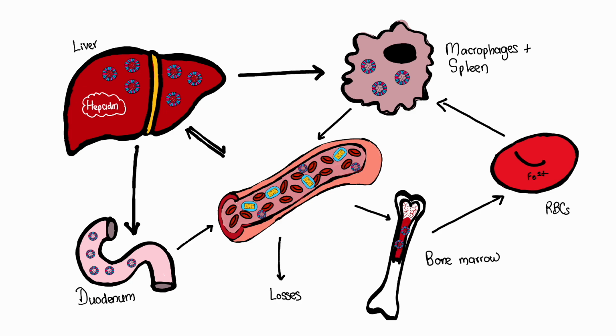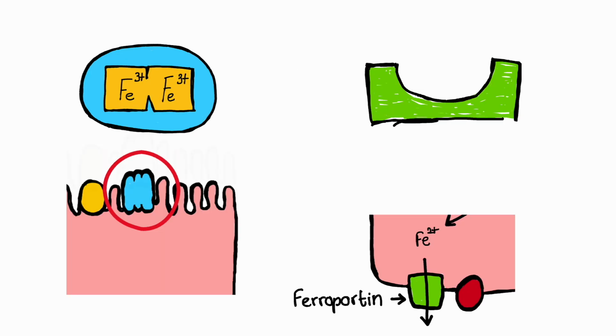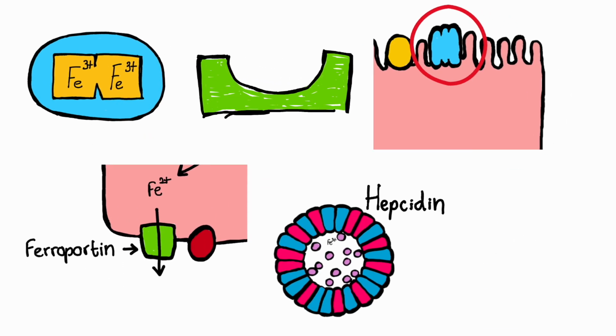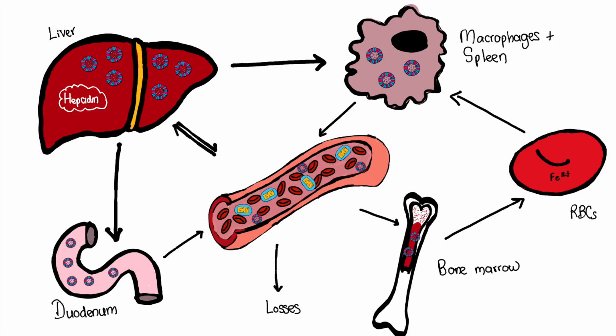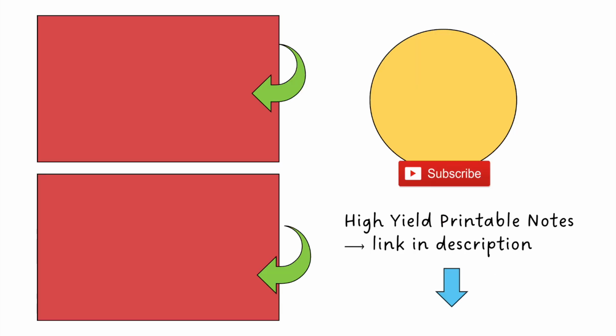Through the coordination of actions of transporters, storage proteins, regulatory hormones, and intracellular sensing mechanisms, the body maintains iron levels within a narrow physiologic range. This balance is extremely critical for sustaining oxygen delivery and metabolic activities while protecting tissue from potentially toxic effects of excess free iron.